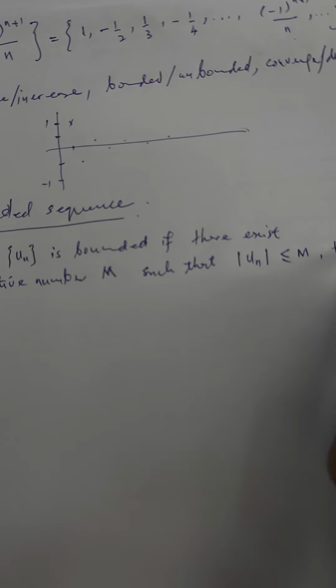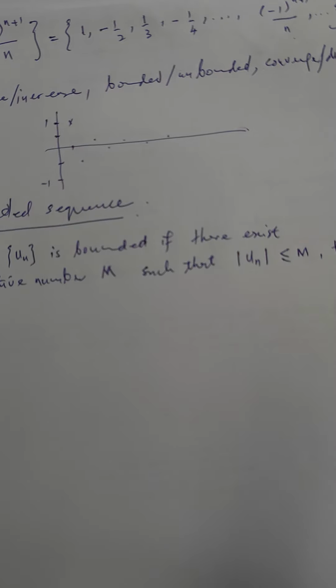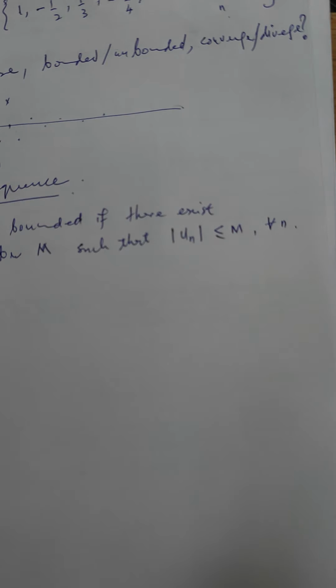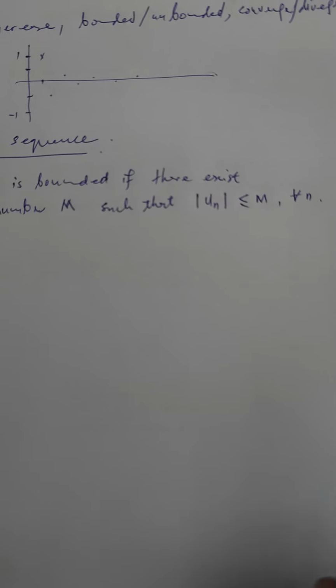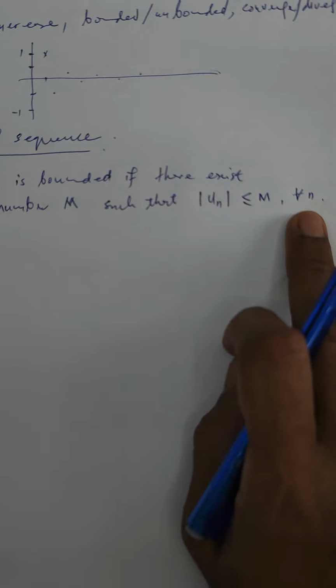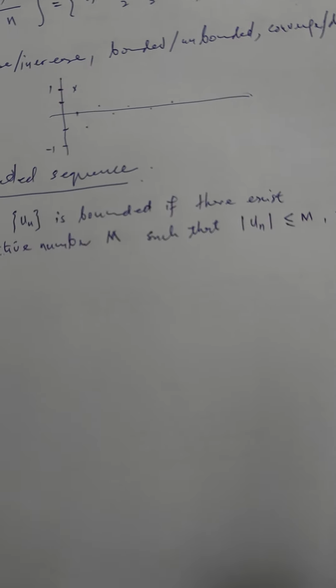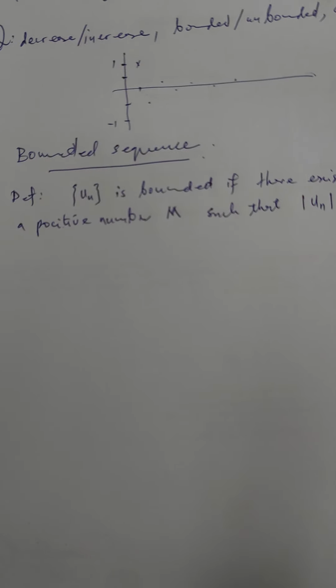This symbol stands for all n. Of course, all n here means n equal to 1, 2, 3, 4, 5, and so on, just positive integers.